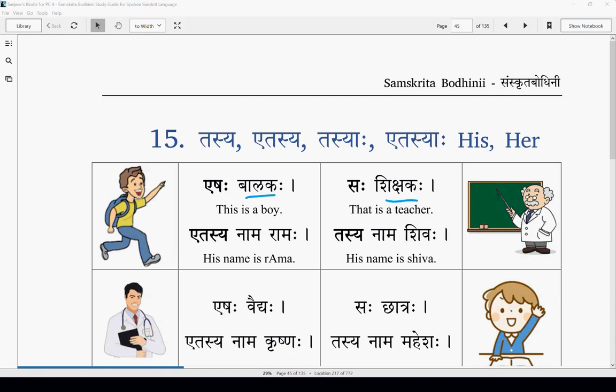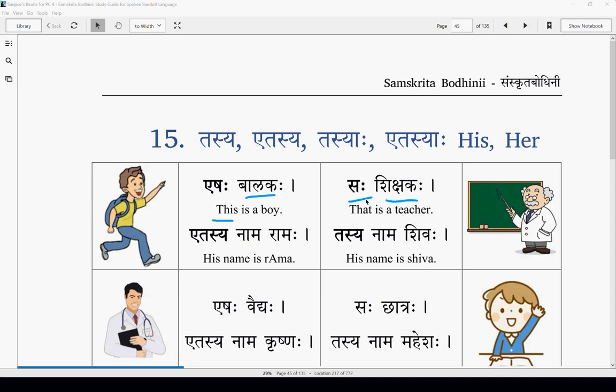Like in English, we have pronouns I, you, he, she. They are pronouns. So in here we have Eshaha, who is near, and Saha, who is far. I think we have seen this, right? Eshaha, Saha.